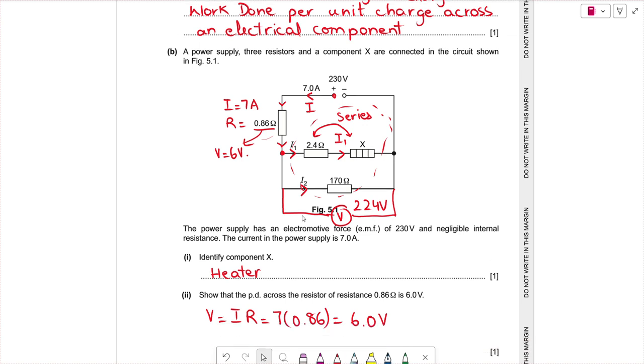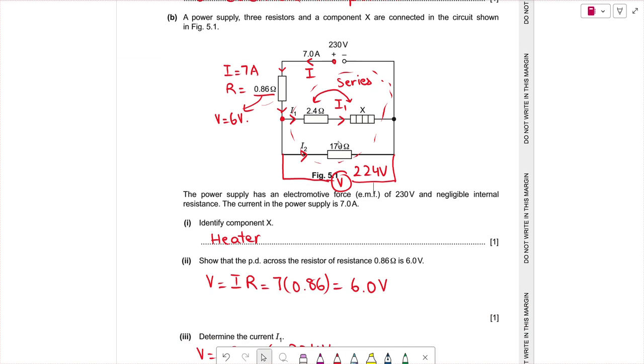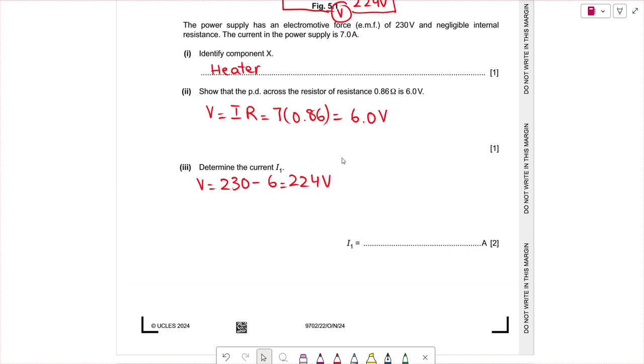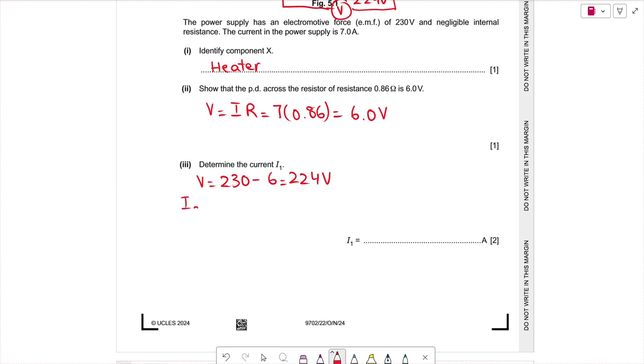Now, we know that in parallel the voltage stays constant. So this 170 ohm resistor gets 224 volts and the combined resistance of 2.4 ohm and X also gets 224 volts. I know the resistance of the 170 ohm resistor and the voltage across it, so I can find the current: I is equal to V over R. Voltage is 224 and the resistance is 170.